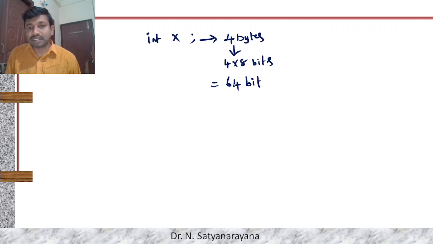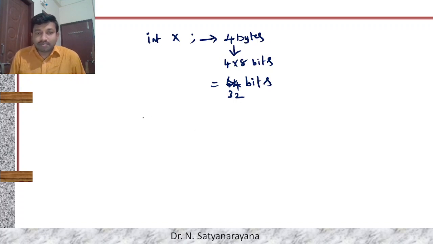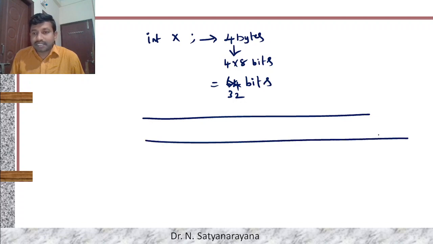Sorry, 4 into 8, it is 32 bits. 32 bits of memory is being allocated. So let me write the number of bits here. Imagine that these are 32 bits.